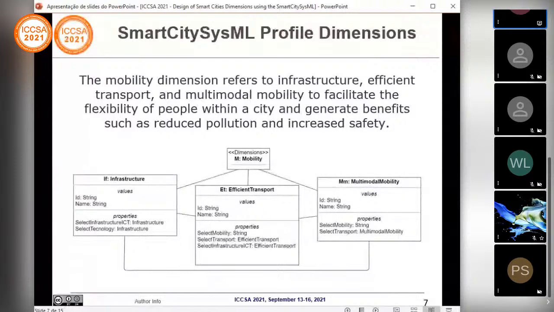The mobility dimension refers to infrastructure, efficient transport, and multimodal mobility to facilitate the flexibility of people within a city and generate benefits such as reduced pollution and increased safety.